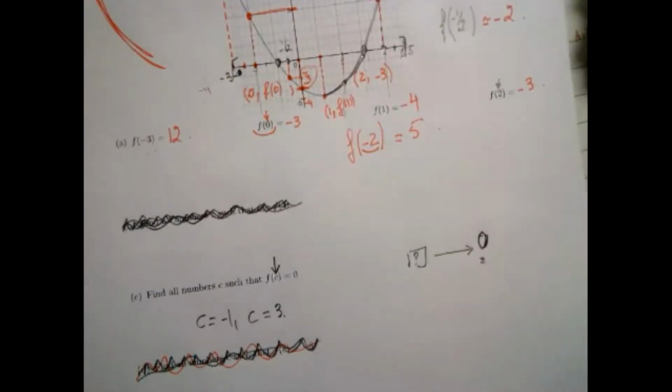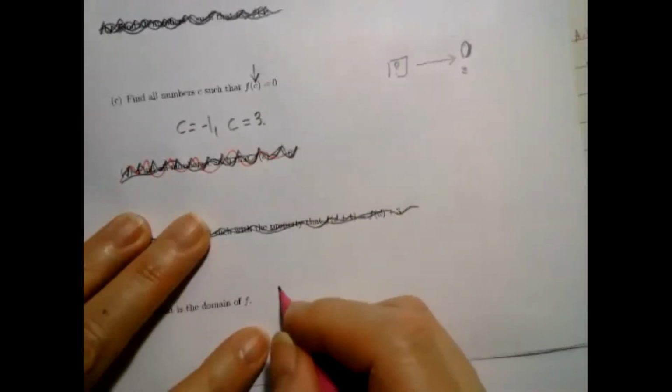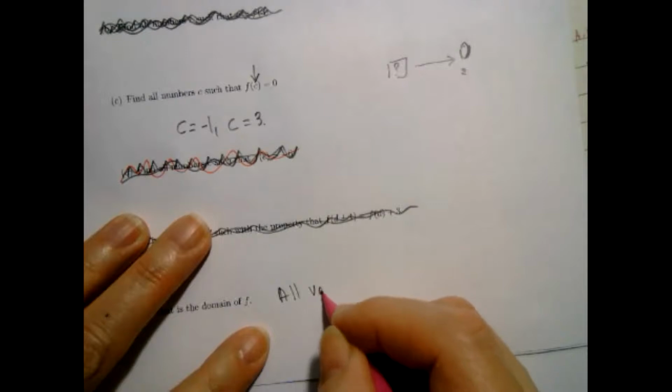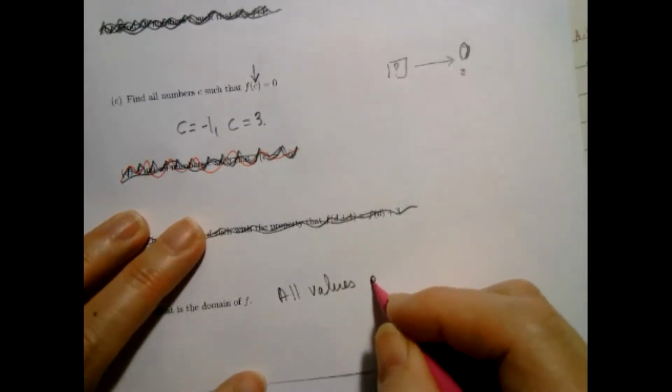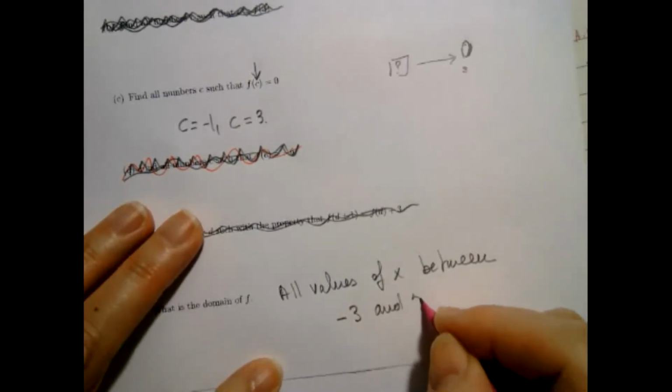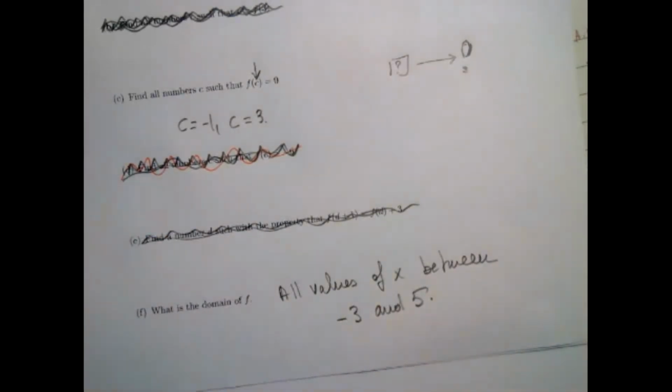Because if I give you -4, and ask what's f of -4, you look me in the face and tell me, but there is no graph here. So if I take vertical, there is nothing. So the domain are all values of x between -3 and 5. Okay.